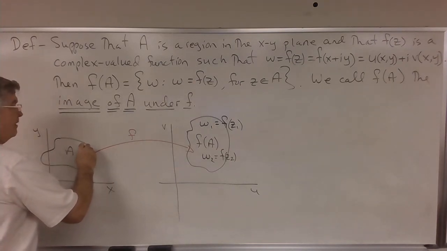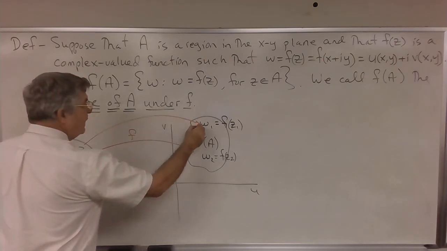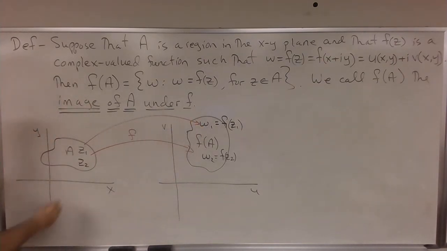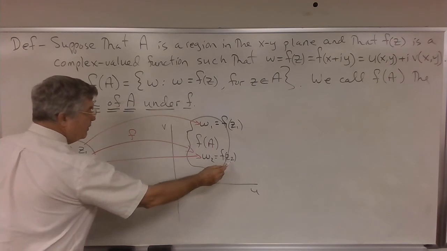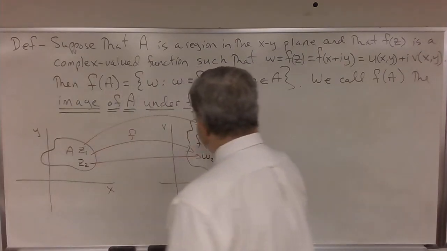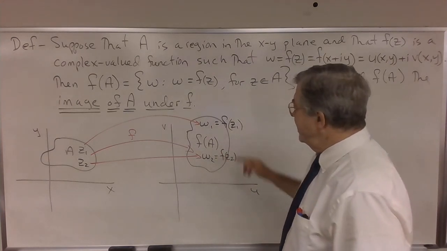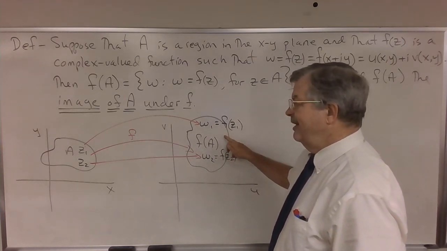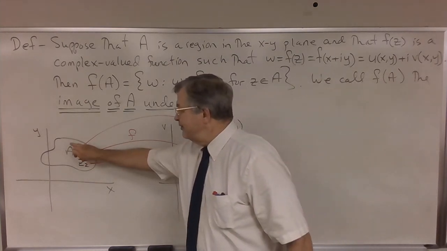And f maps the element z sub 1 in A to the element W sub 1 in f of A. It maps the element z sub 2 in A to the element W2, or f evaluated at z sub 2, in f of A. And everything inside this loop, f of A, is an element that is equal to f of z for some z in A.